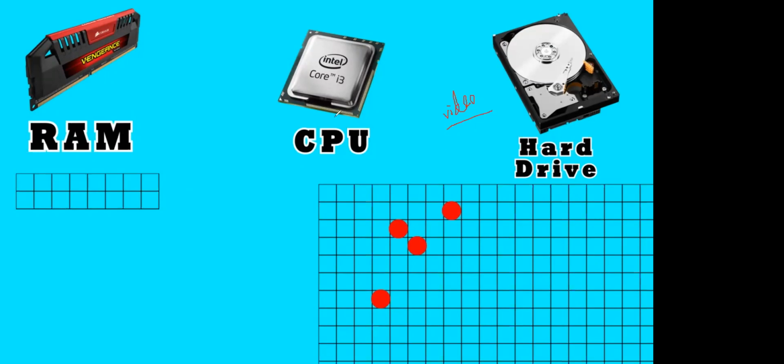If you open that video, the CPU will find where that file is exactly. So these are the files that need to be loaded. So the CPU will load the file to RAM in order to play the video.